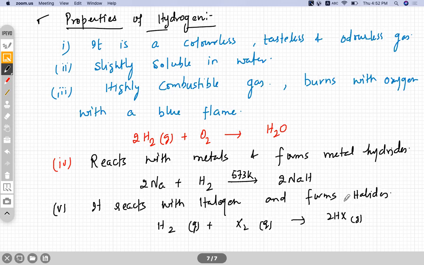And the reactivity of halogen towards hydrogen is maximum for fluorine, then chlorine, then bromine, and then iodine. This is the reactivity of halogen towards hydrogen.